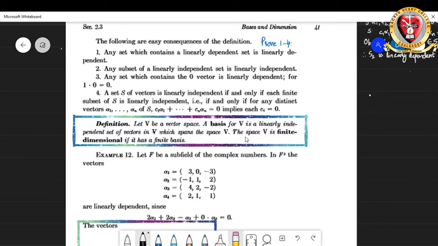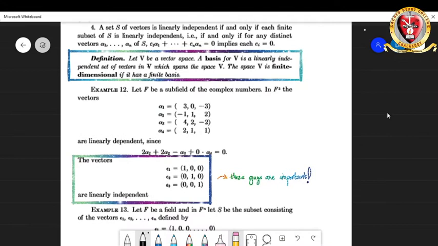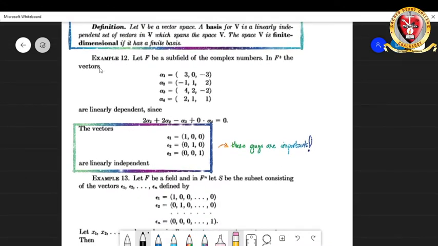So if we can find a set of linearly independent vectors in V such that they also span the whole of V, then we say that set is a basis. The space V is called finite dimensional if it has a finite basis. These are all easy things to understand. We'll illustrate them with examples.